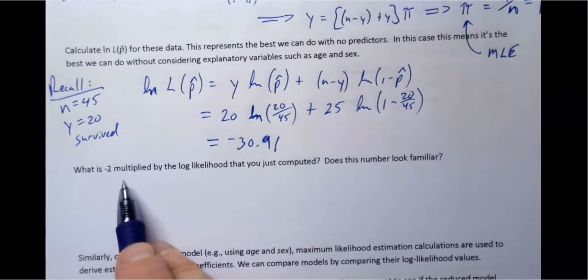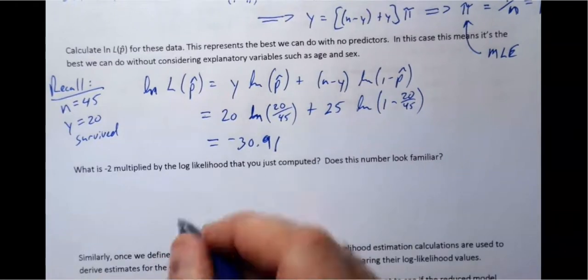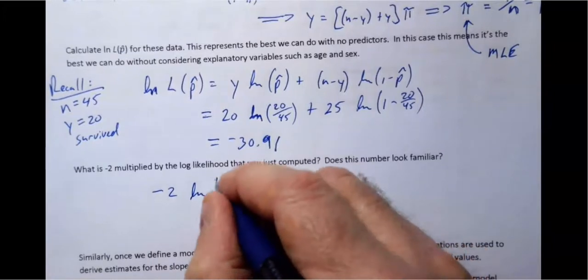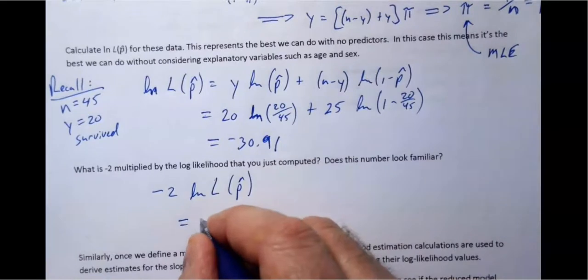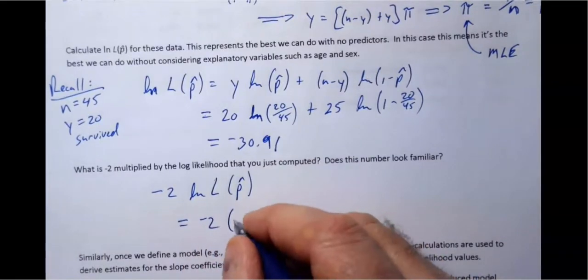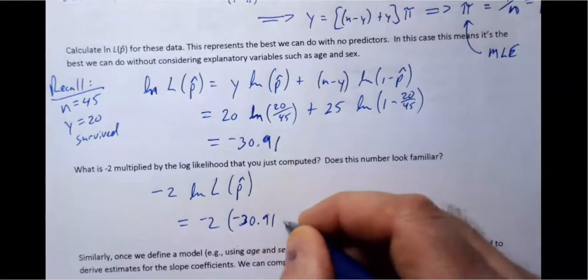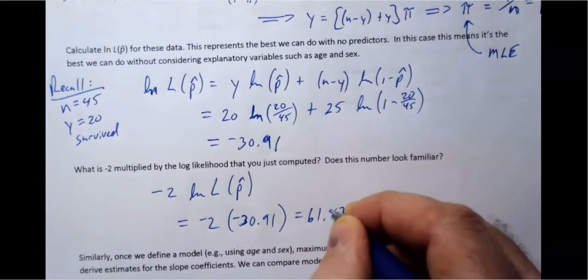What is negative 2 multiplied by the log likelihood that we just computed? What I'm asking is negative 2 log likelihood at p hat. That's just negative 2 times negative 30.91, which equals 61.83.